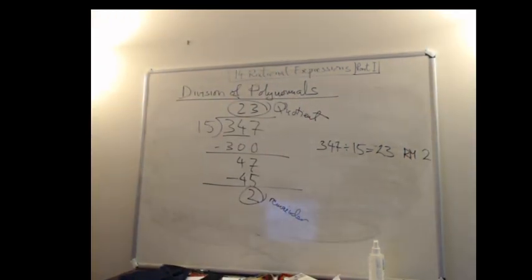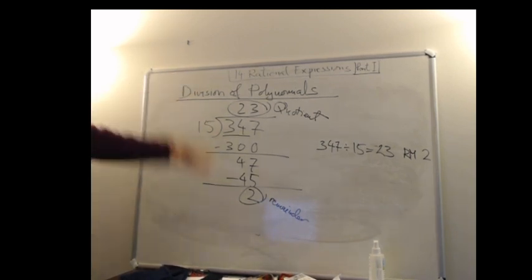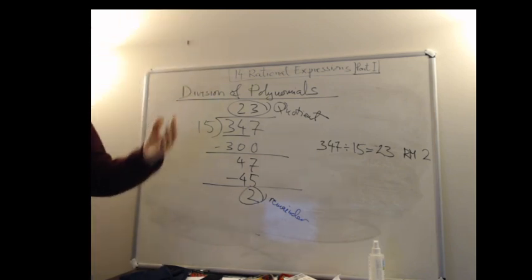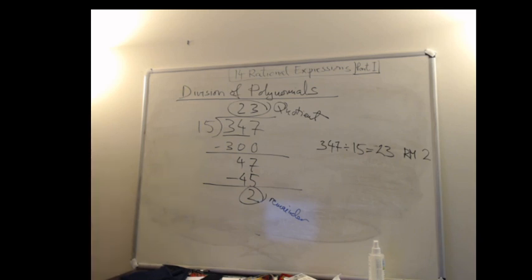Which means that 15 goes 23 times in 347, but there is a remainder 2. Now I could ask you, why is that? You can say, well, because of this, look at that. And I could say, how do you know this works? And you say, well, Joe Blow told me that, right? My teacher Joe Smith in the high school was teaching me that, so I learned that and I know how to do it. Okay, do you trust him?